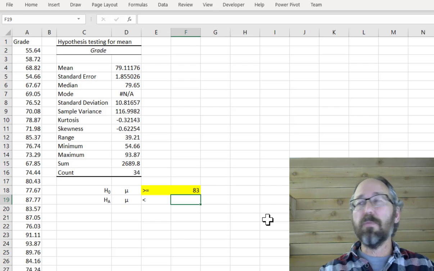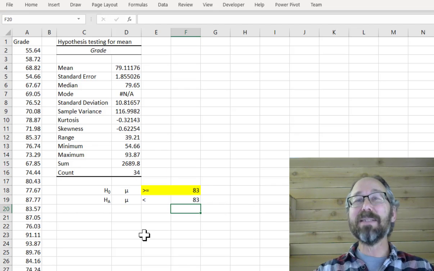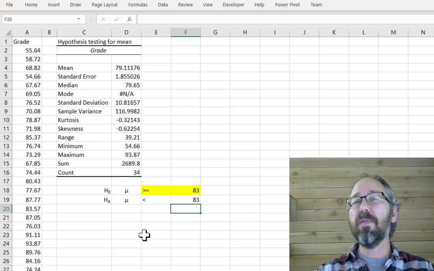Now this will simply repeat what we've put in for our null hypothesis. We can see from this that our null hypothesis currently reads that the population mean will be greater than or equal to 83, and that our alternative hypothesis is that the population mean will be less than 83.